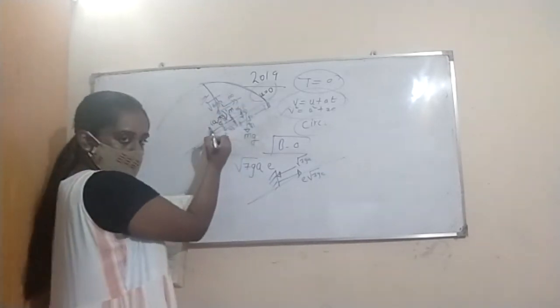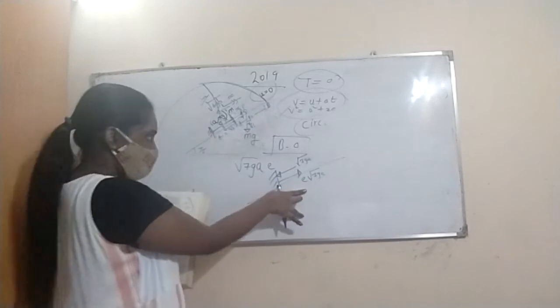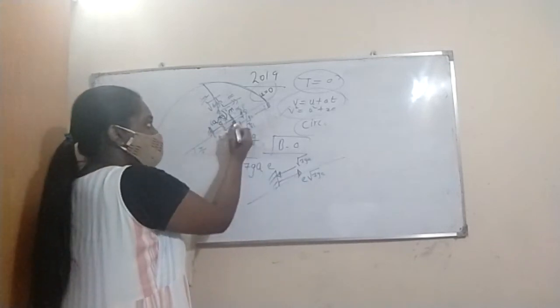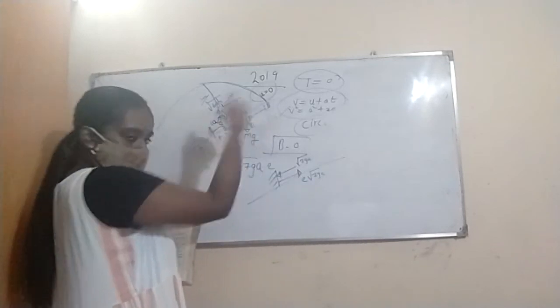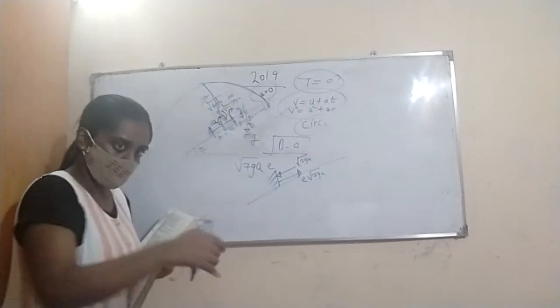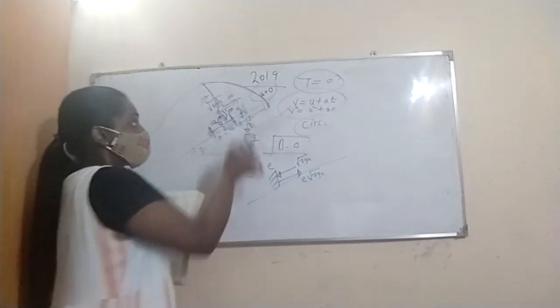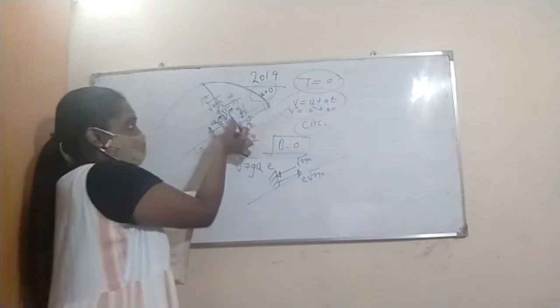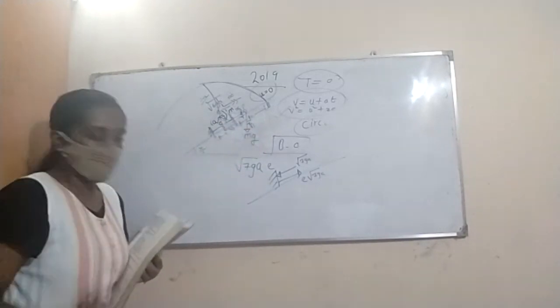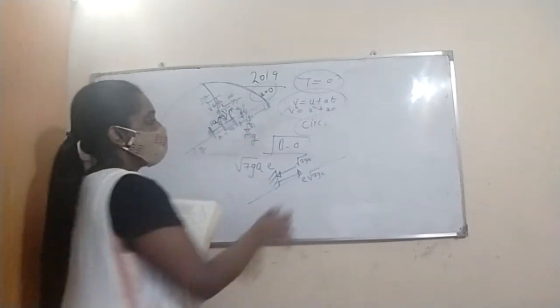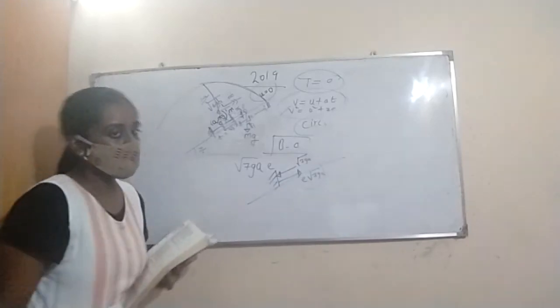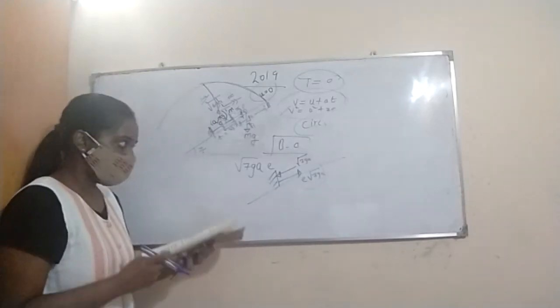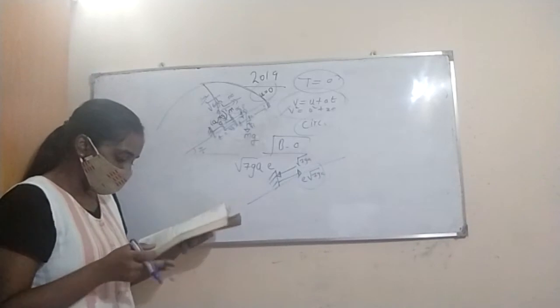If it passes A, again the string will become tight and there will be tension, so there will be simple harmonic motion. So before reaching A, if its velocity becomes 0, then what can we say? The further motion is not simple harmonic motion. Okay, that is the idea.